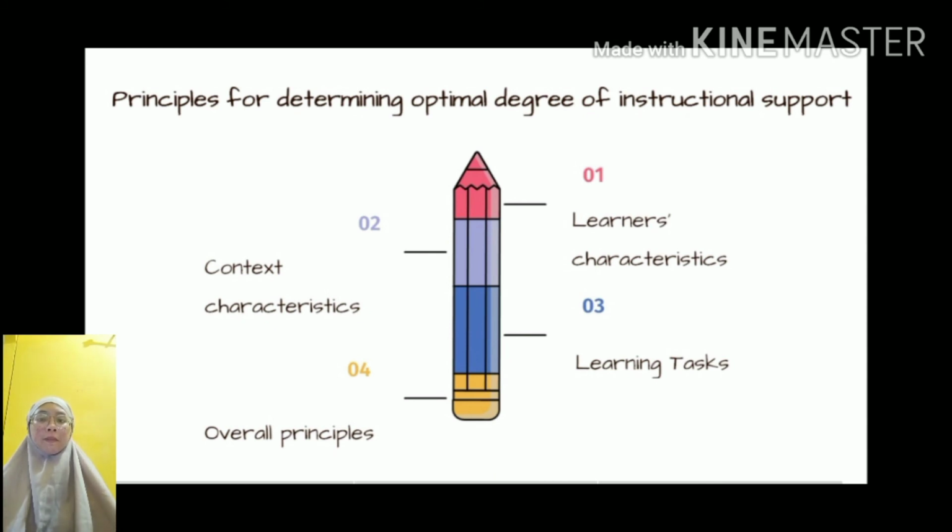The third principle is learning task. The nature of the learning task should also influence the effective balance between generative and supplantive strategies. The first is, all being equal, the higher in the intellectual skills or closer to domain-specific problem solving, the more generative the strategy.